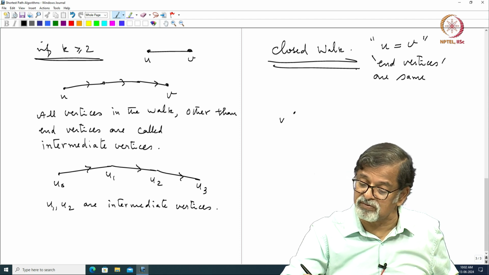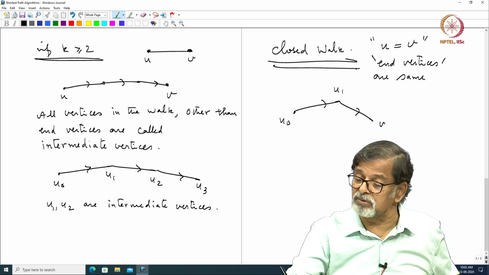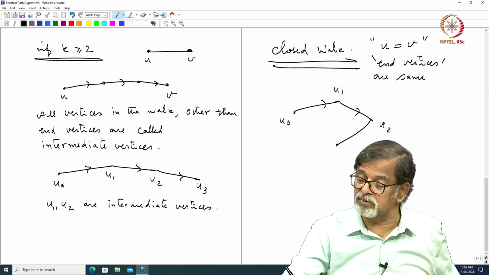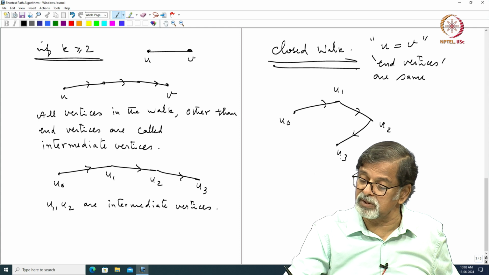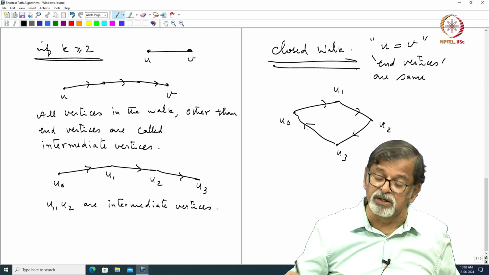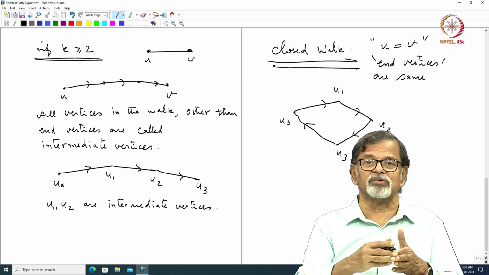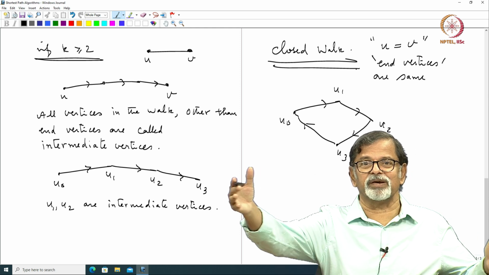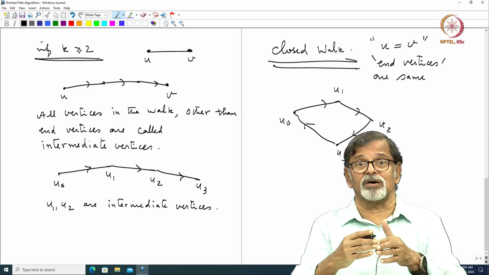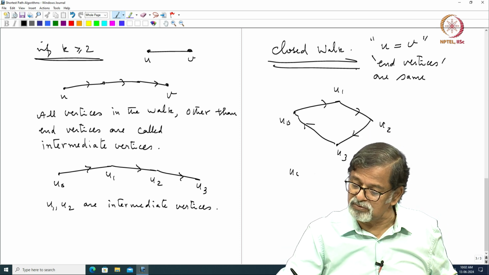You can start from u0, go to u1, u2, u3. From u3 you would normally have gone to u4, but it is a closed walk, therefore u4 is actually equal to u0.